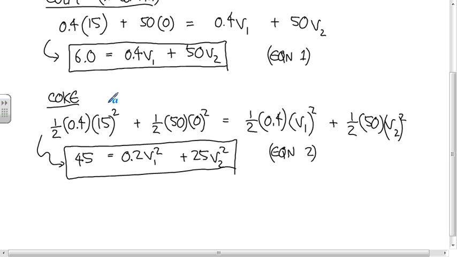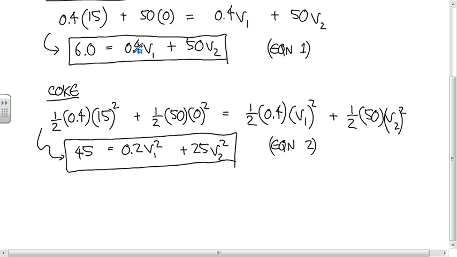Okay. So now conceptually what we're doing is easy. We're just taking equation 1, expressing, say, v1 in terms of the other stuff, and then substituting that into equation 2. But in practice, you're going to see where it goes.